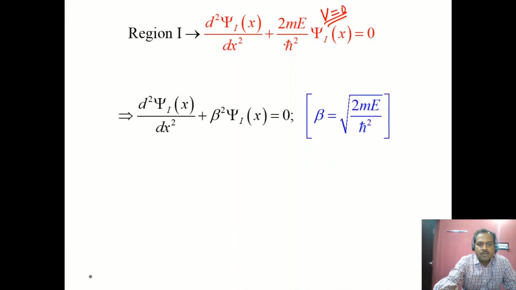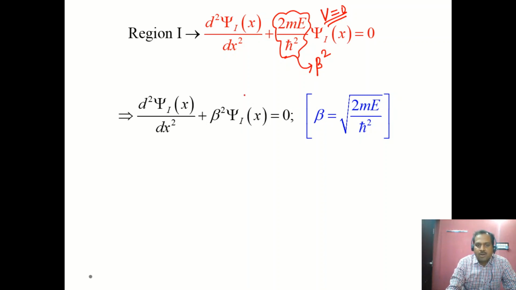Let us first simplify it and look at the solution of it. This constant can be taken as beta square, that is 2mE by h cross square. Now the equation becomes d square psi 1 of x by dx square plus beta square psi 1 of x is equal to 0, where beta is root over 2mE by h cross square.